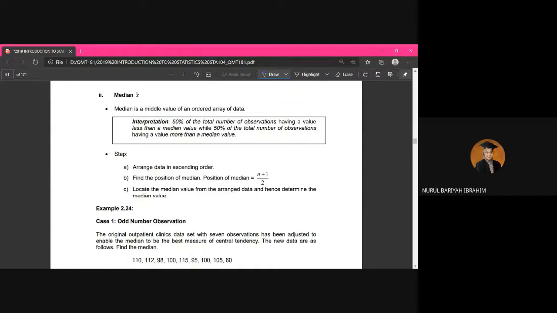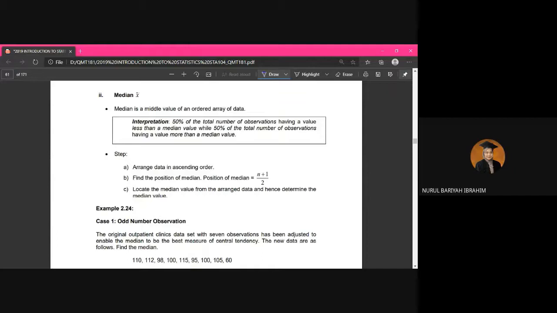Okay, so the first step is to arrange the data in ascending order. And then find the position of the median, which is n plus 1 divided by 2, where n is the number of data or sample size. That is the position only, you have not calculated the median yet. And then locate the median value from the arranged data and hence determine the median value.